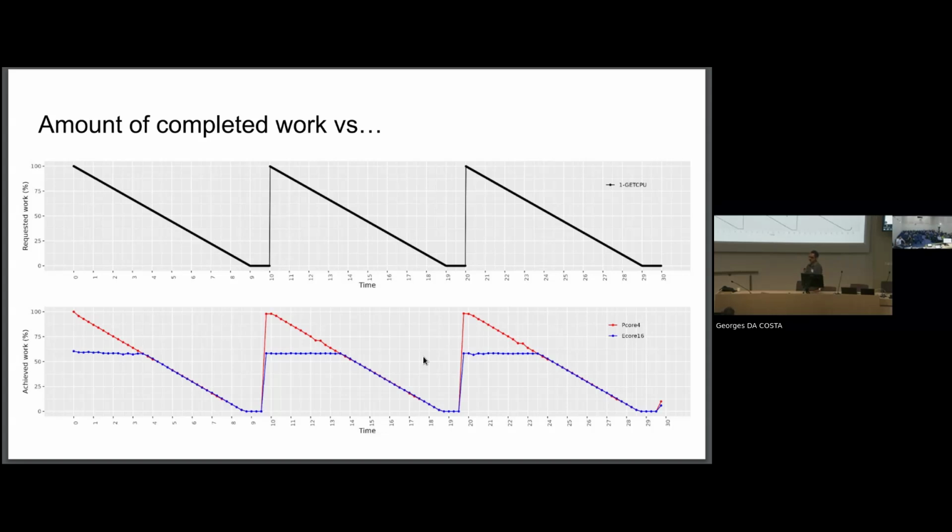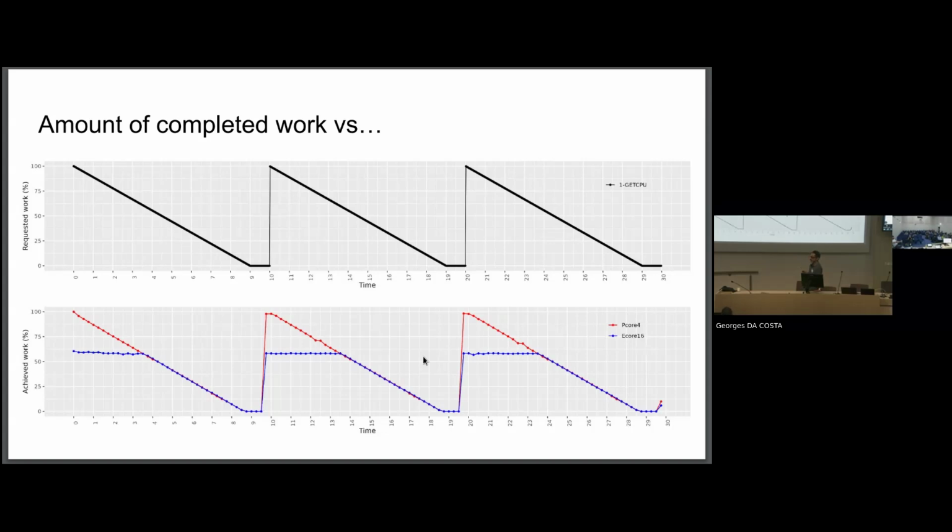And what does it mean that the blue line gives you 55 of the work you ask? It answers you 55% of it. No, it means that it does fewer calls in the fixed amount of time. Yes. Is that correct? Yeah. We asked it for, let's say, 100 units of work, but it was only able to complete 60 units.